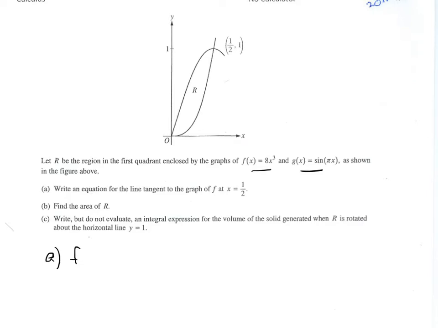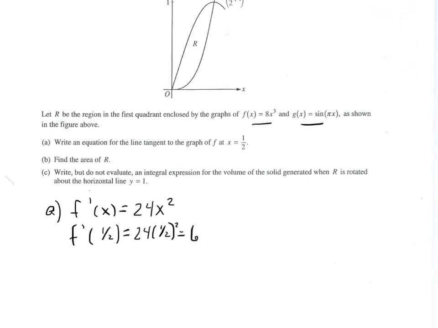So first, we'll go ahead and find our slope. So f prime of x is 24x squared, and the slope at 1/2 is equal to 6. Now we have an x value, x equals 1/2, but we need our y coordinate.